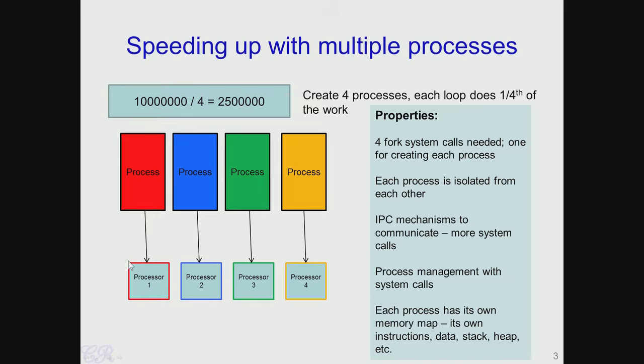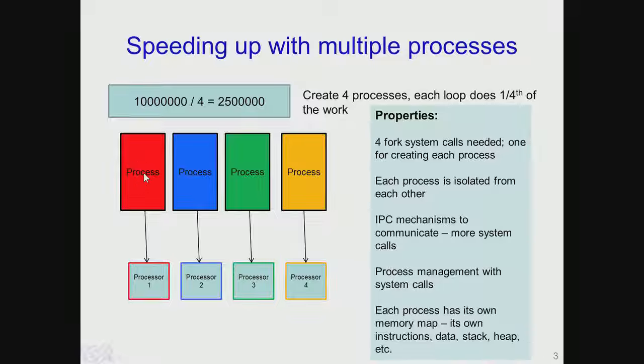Another overhead comes from the fact that a large portion of these 4 processes is similar. For example, all these 4 processes would have the same set of instructions which they operate upon, and there could also be the same array or the same global data which they are accessing.